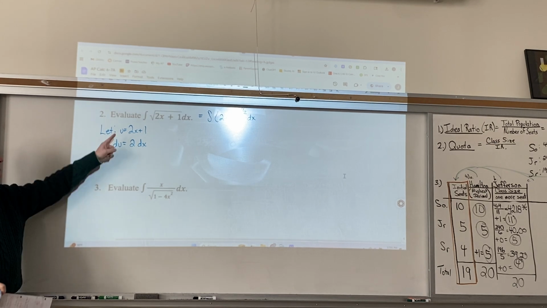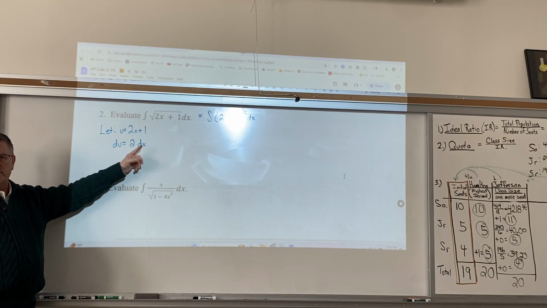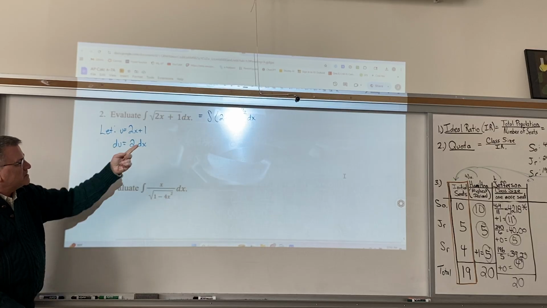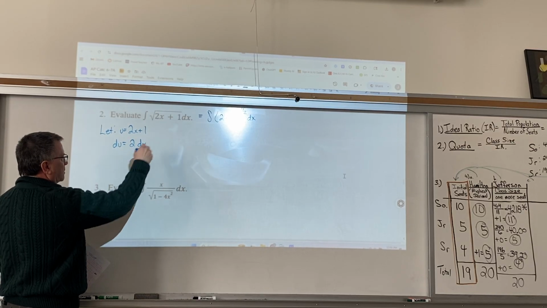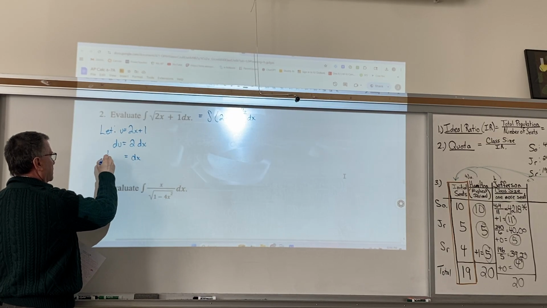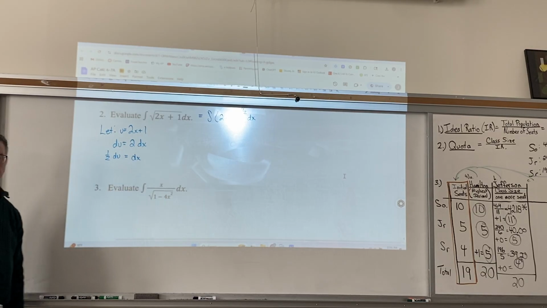The derivative of this is in terms of u, du. This is in terms of x, dx. Yeah, we did that one. Divide by 2. Yeah, I don't see a 2 up there. So it'd be nice to see what I see up there, which is just dx. So 1/2 du.